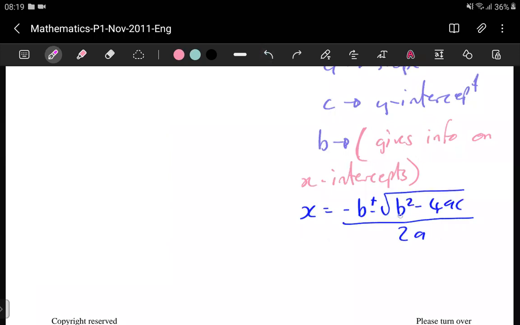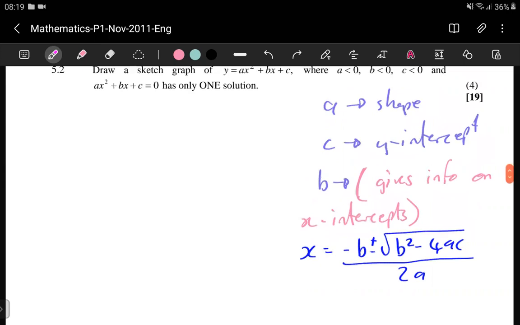Because if you square B here, depending on what this number is, it'll give us an idea of how big our x-intercepts are going to be. Yeah, B kind of gives us an idea on the x-intercepts.